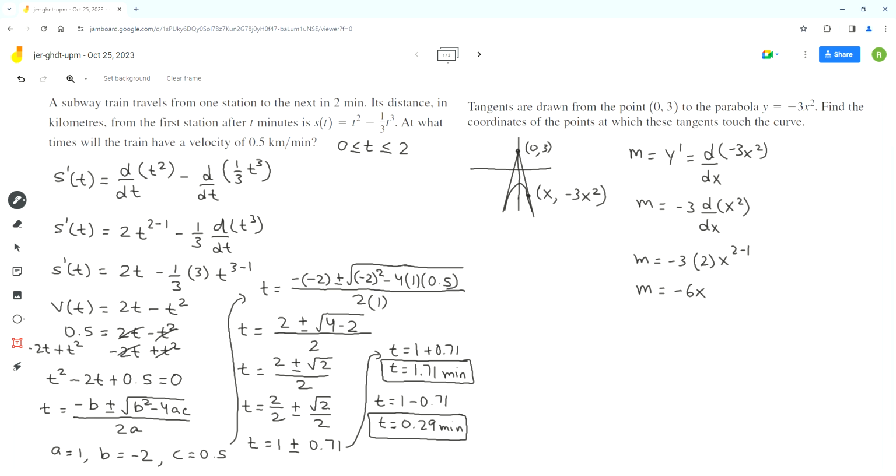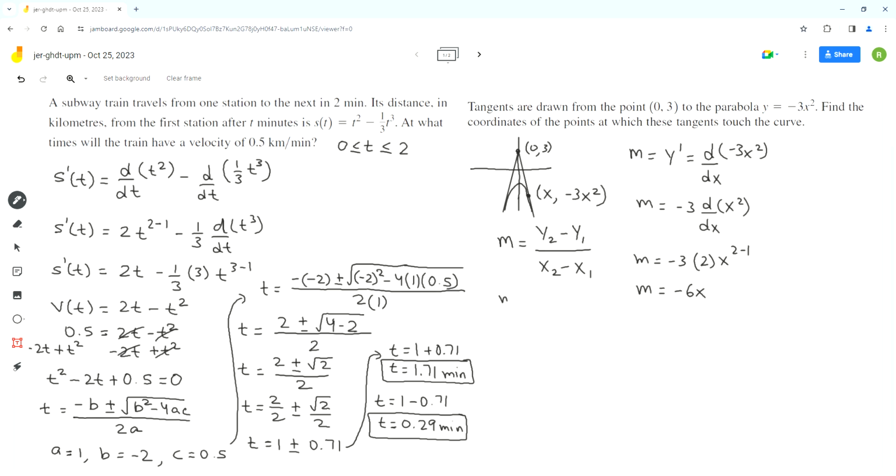Now we also have 2 points that lie on the tangent: the given point (0, 3) from which the tangent is drawn, and the other point at which the tangent touches the parabola. So we can use the slope formula to find another expression for the slope of the tangent. The slope formula is m equals y2 minus y1 over x2 minus x1.